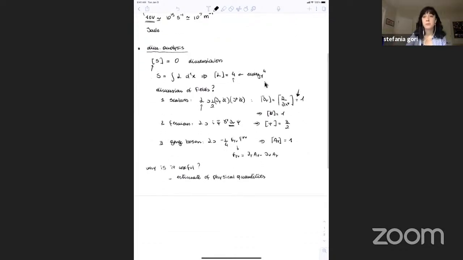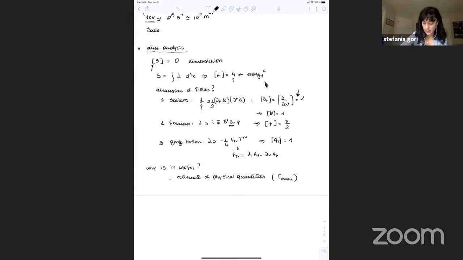Just to anticipate what we'll see later, we'll estimate the width of a muon based on dimensional analysis. I will explain much more later. That's pretty useful if you don't want to enter into the tiny details of a calculation, but just to have a rough estimate of whatever physical quantity you want to compute.